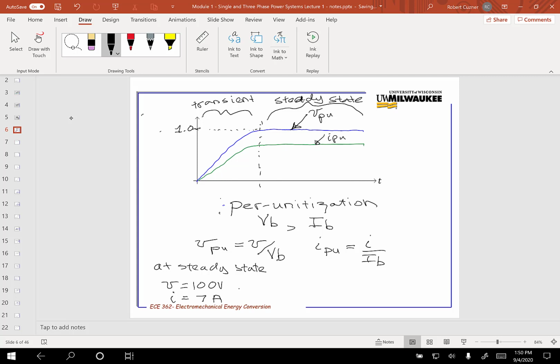If I were to establish the V base as 100 volts, then I would get, just as I'm showing here, V per unit at 1. And if I establish I base at 10 amps, then I per unit would be 0.7. And so that would line up with what I'm seeing right here.